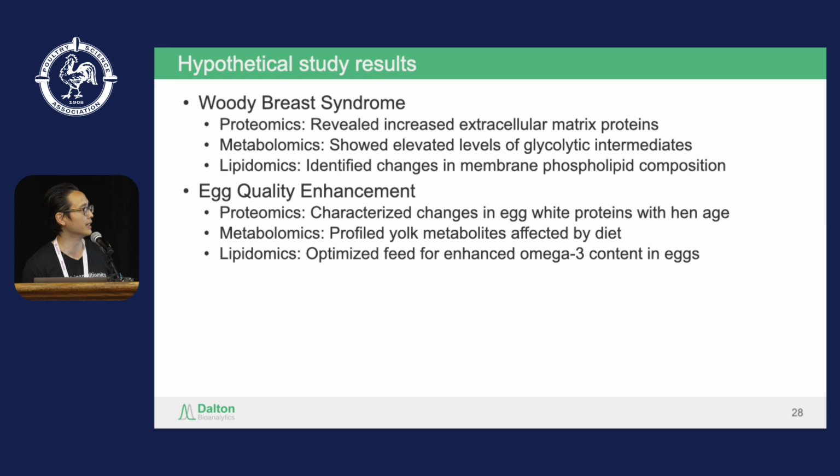And it might be that if you look at the metabolomics, you're finding that a potential cause of that is basically a switching to a glycolytic metabolic activity. And then it might also be related to changes in lipid composition, changing the fluidity of the membranes. Similarly, you can find complementary information in each ohm for a given research topic.